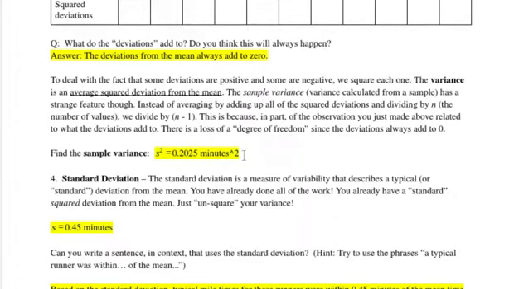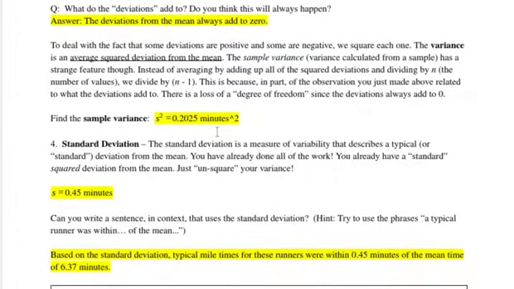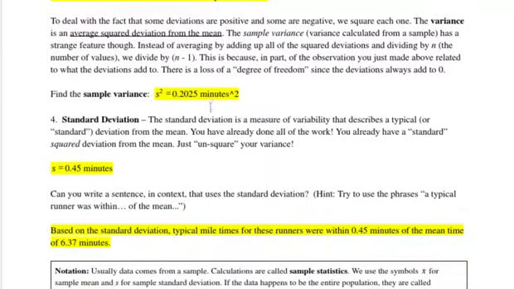And I'm not going to try to focus on how to interpret that because the units in the context is strange, but instead of doing a squared deviation, we square root and we get the standard deviation. Square rooting 0.2025, you get 0.45.